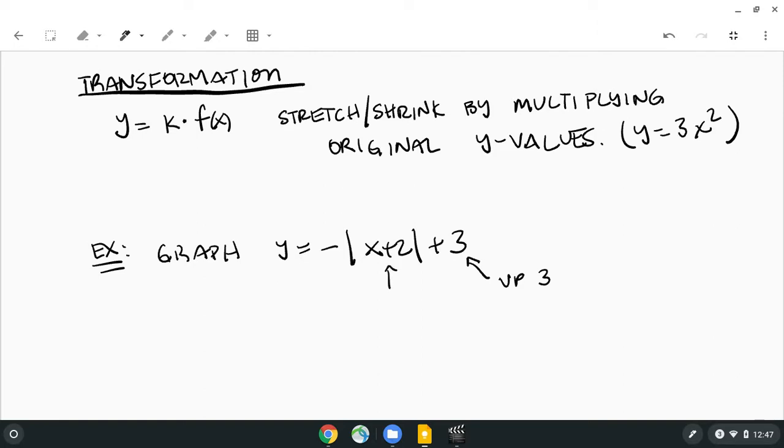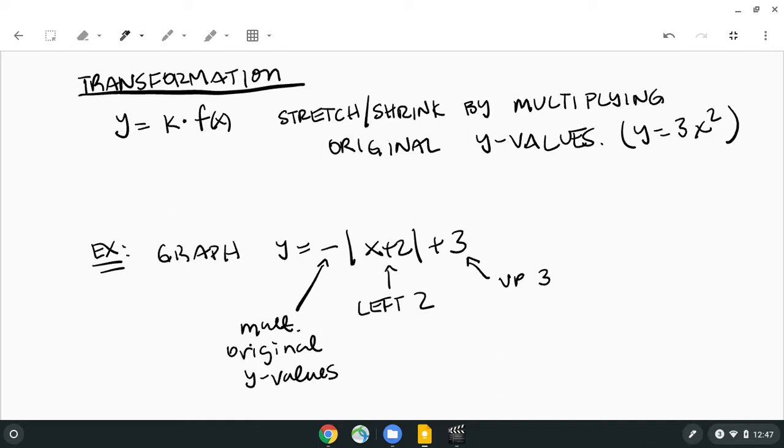So this is a shift 2 to the left. Okay. And then this one over here would be our multiply the original y values. Okay. This is going to either stretch it or shrink it, flip it.